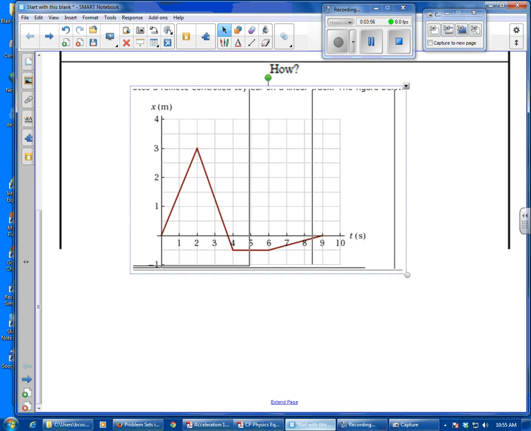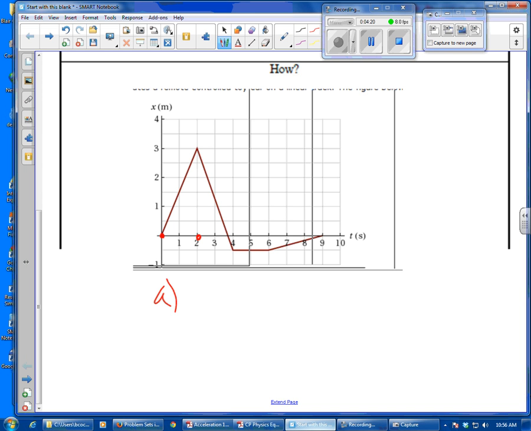Indicate the direction with the sign of your answer. All right, so let's do this. So we have for A, we have from time 0 from here to 2 seconds, so to here.